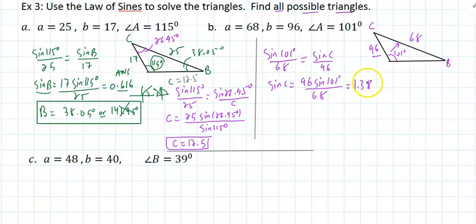In the next chapter, you're going to figure out why a sine can be bigger than 1, assuming you don't see that. If I plug this in my calculator and I take the inverse sine, I'll get an error message. That means no such triangle is possible.